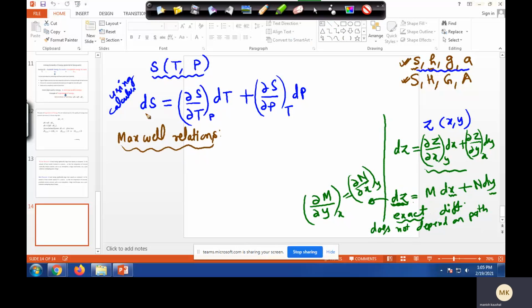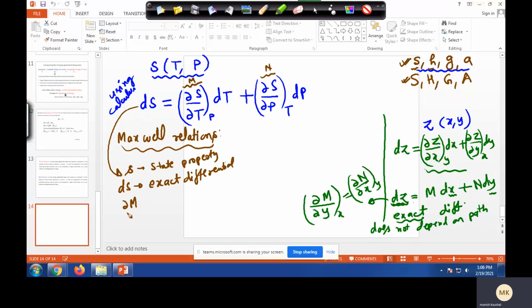So let's apply it here in this dS. We know S is a state property, which means dS is an exact differential. It does not depend on path. If dS is an exact differential, and you say this is M and this is N, then what is true?